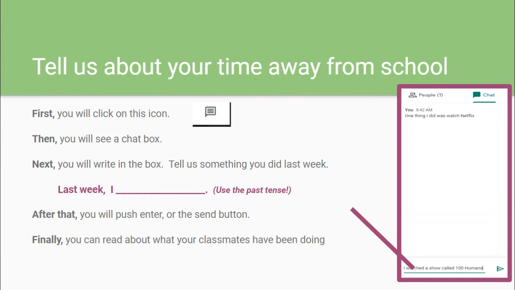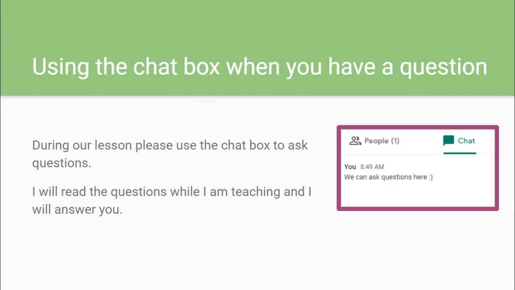Understand a story you read in order. Understand a routine that you are describing. So when we are in Blackboard Collaborate, again, you can ask questions in the chat box. While I'm teaching, I will read your questions and I will try to answer them.